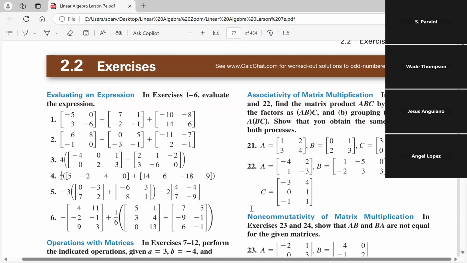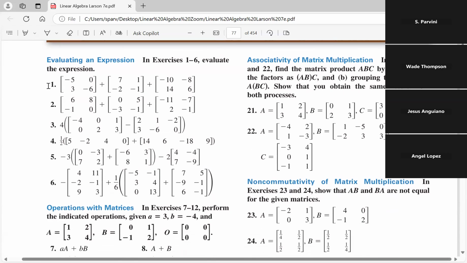Now, in these exercises, the ones involving products, those you can do. A whole bunch of these. I think you're going to be okay on the first 6 problems, right? Exercises like these, you're adding 3 matrices. Number 1, you're just going to add each component, like -5 here adds with 7, adds with -10.